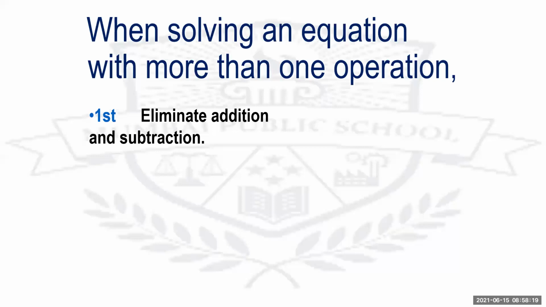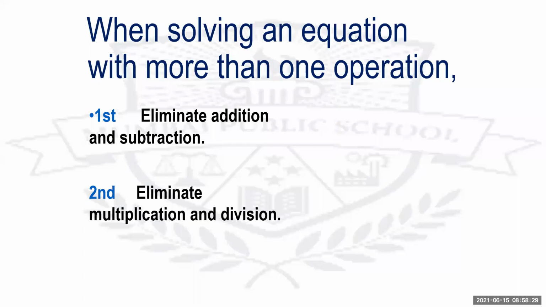You have to go with addition and subtraction first, and in the second step we have to eliminate multiplication and division. So we are going to solve the equations which have got more than one operation. First addition and subtraction, and second elimination of multiplication and division.